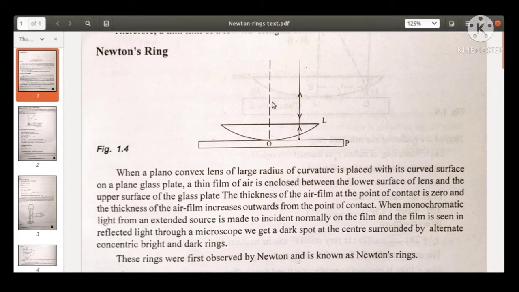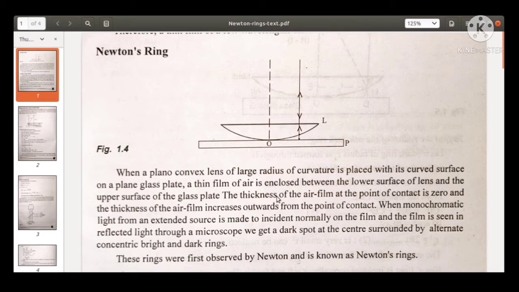When the plano convex lens is placed on a glass plate, an air film is formed between the plano convex lens and glass plate. This is the point of contact between the lens and the glass plate. From this point to this point, an air film is formed in this region.